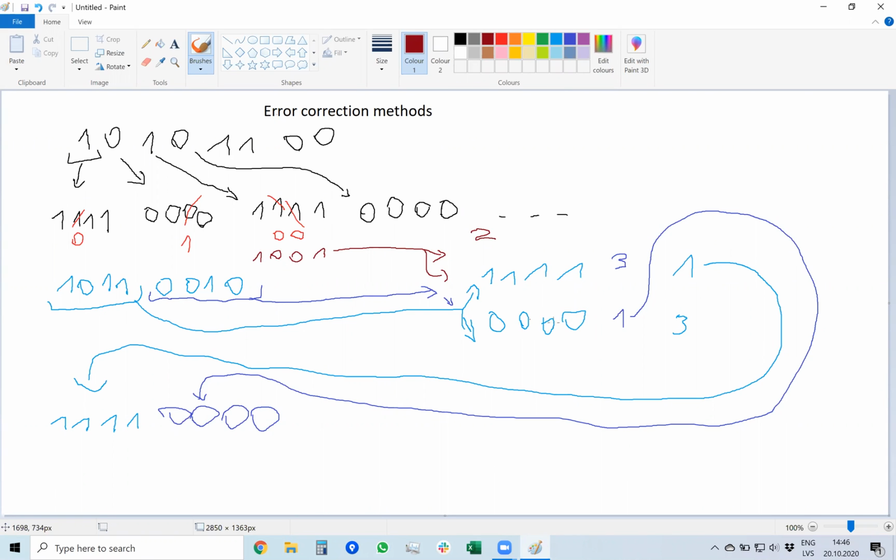The difference between 0000 and 1001 is 2. So in this case, it's impossible to tell whether this was one damaged bit or 2 damaged bits.